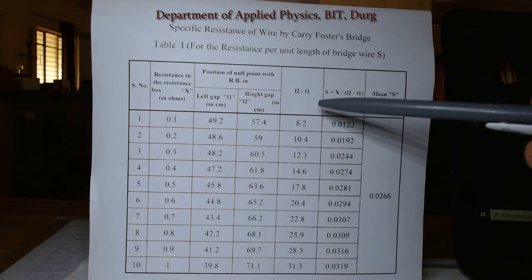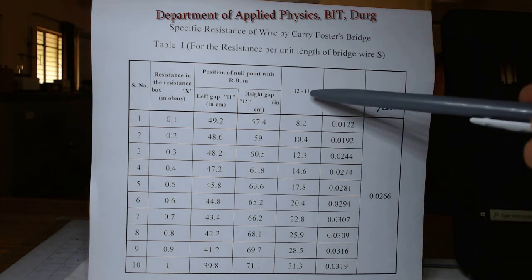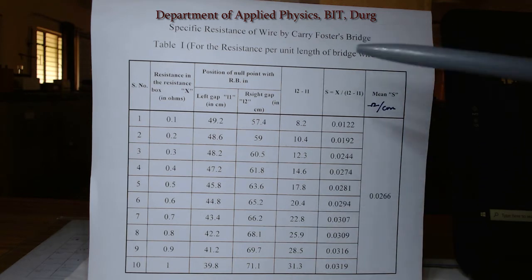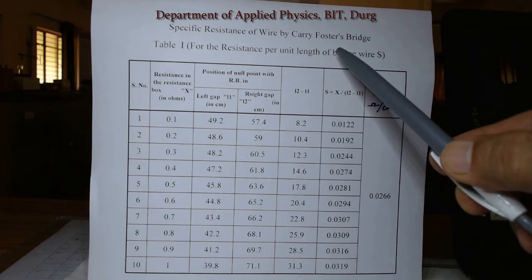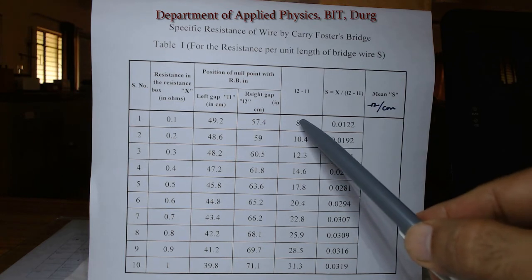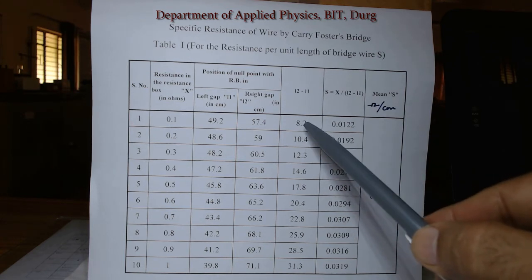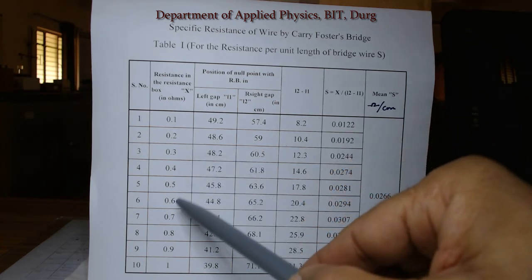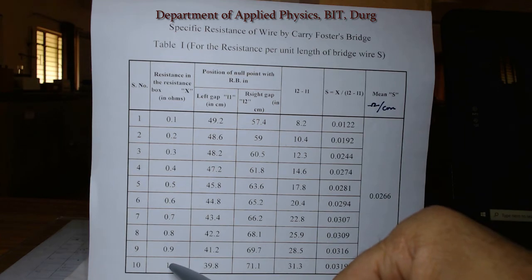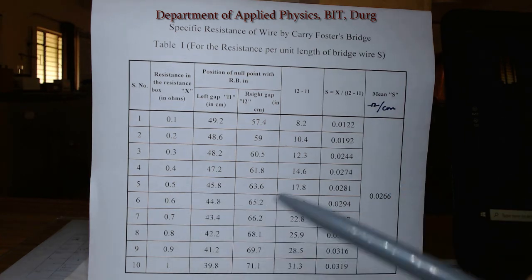Now in the next column I have the difference L2 minus L1. Mind it, for resistance per unit length of the bridge wire, this difference between L2 minus L1 is always positive and goes on increasing with the increase in the resistance appearing in the resistance box.